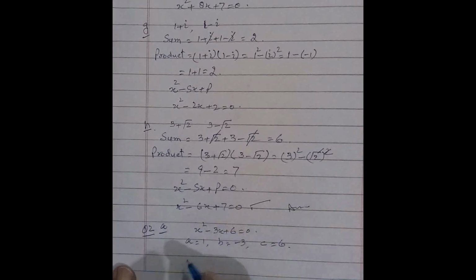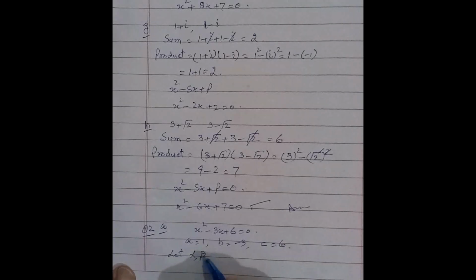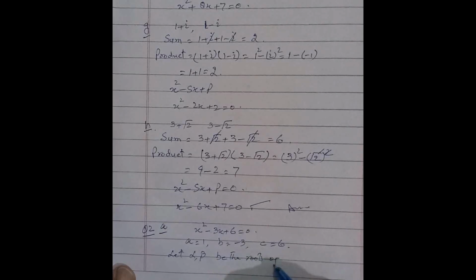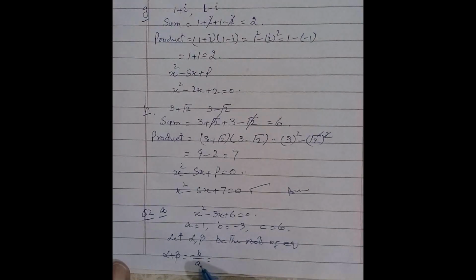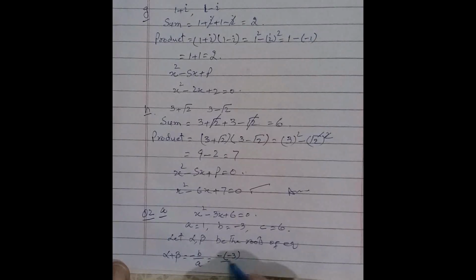And we know that, let alpha, beta be the roots of the equation, where alpha plus beta is equal to minus b over a. We put the values of b and a in the equation. We get minus of minus 3 over 1, which is equal to 3.